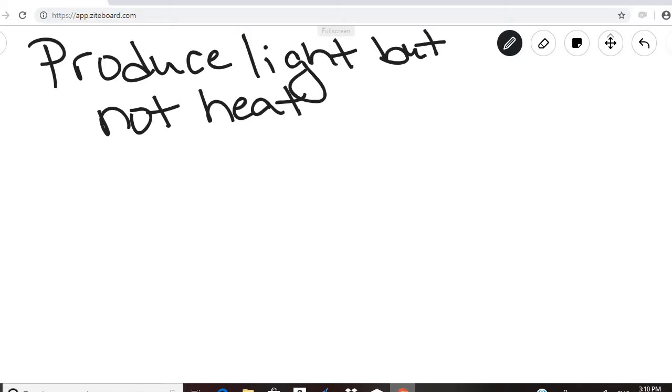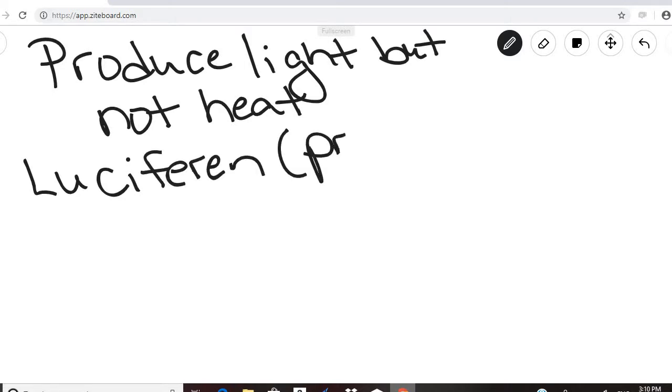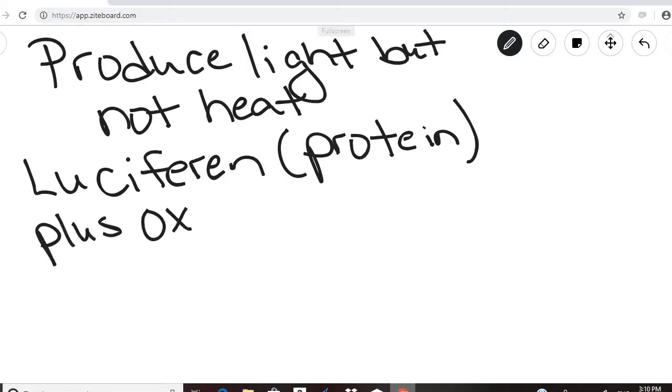Okay, so in these organisms, there is a protein that is called luciferin. So this is a protein. And when this luciferin reacts with oxygen, then that produces something that is called oxyluciferin.